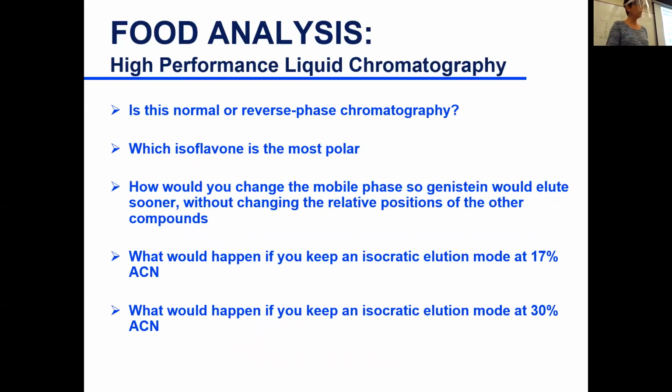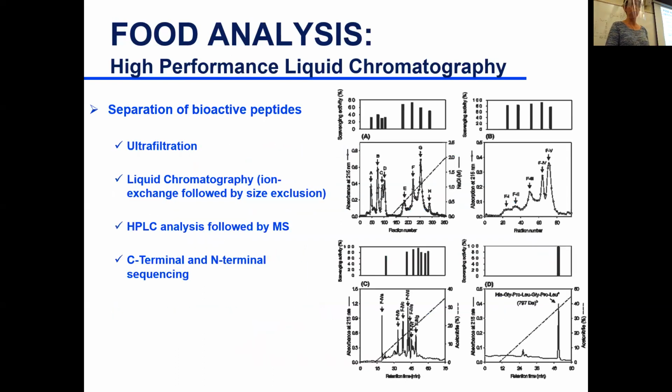Okay, the last thing here, so turn in these papers at the end. The last thing I have in the last 3 minutes is that we often use multiple dimension separation. So if we want to purify, especially in the protein world, if you produce, let's say, a hydrolysate, and you want to determine the most potent, the most bioactive peptide.